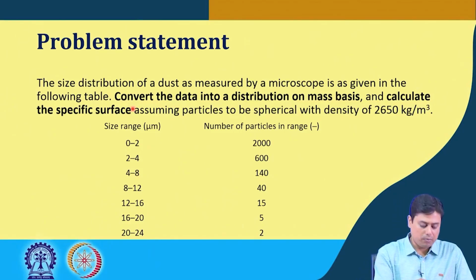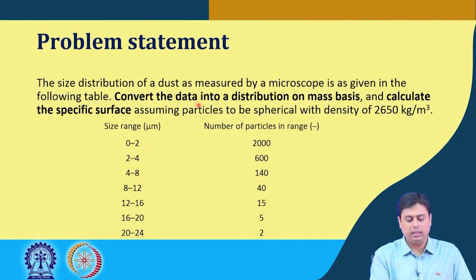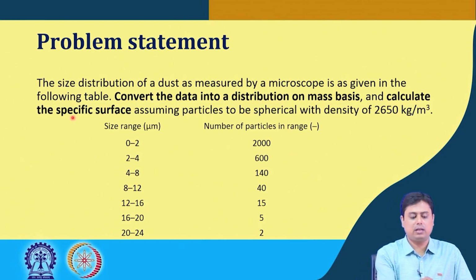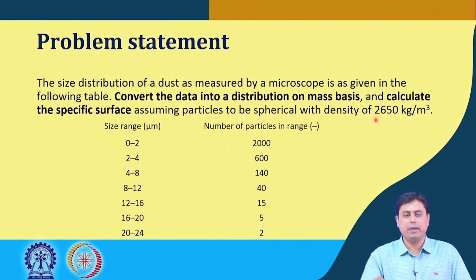So the first objective is to convert the data into a distribution on mass basis. Okay. Here it is given in number basis, we have to convert this to mass basis and calculate the subsequent step that we will again come back to this question later.